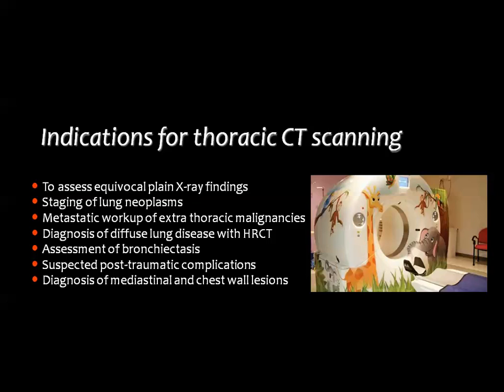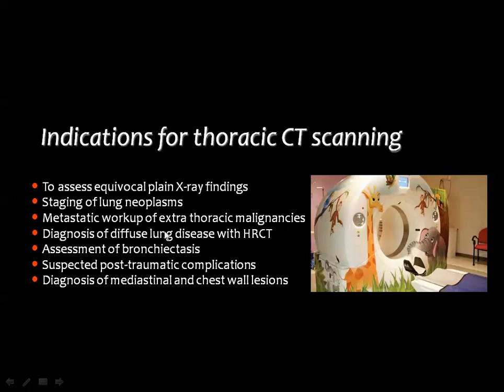But if we fail to do so, we may go to the thoracic CT scan. Then staging of lung neoplasms. This is an indication which is evident in adults, and sometimes we need this in the children.